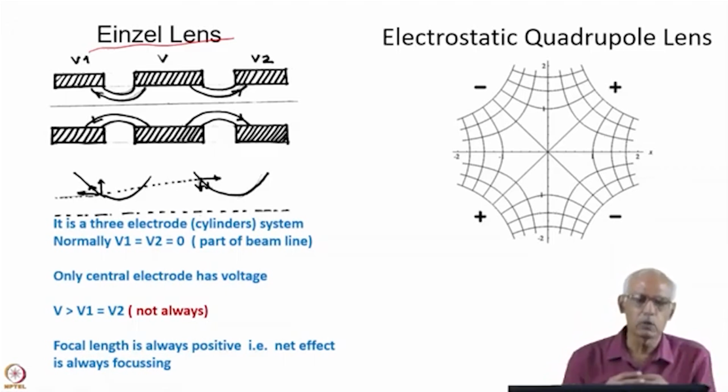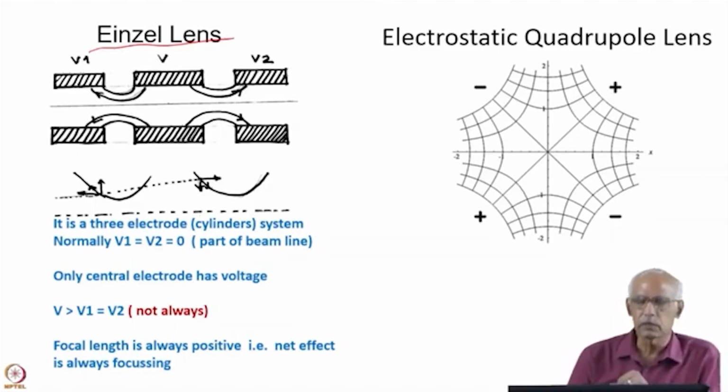And if you isolate them, then the voltages will be V1 at the first electrode, V2 at the last electrode, and the central electrode will have V. However, the voltage differences are V minus V1 and V minus V2. And you can see the field lines which are responsible for the focusing.